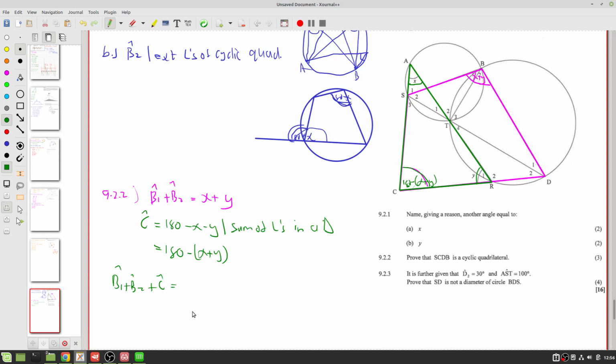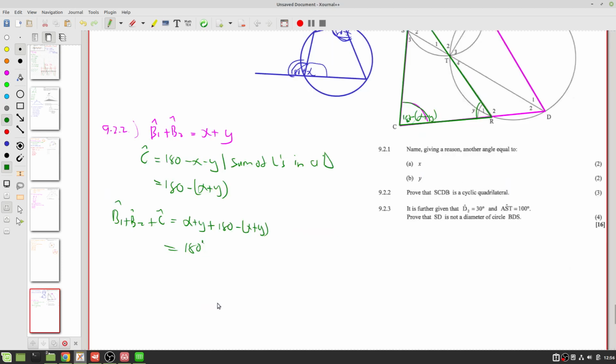That should give us 180 if it's a cyclic quadrilateral. So B1 plus B2 is X plus Y, plus angle C, which is 180 minus (X plus Y). Alright, so X minus X is nothing, Y minus Y is nothing, and then we're left with 180. Perfect. So that is a cyclic quadrilateral.